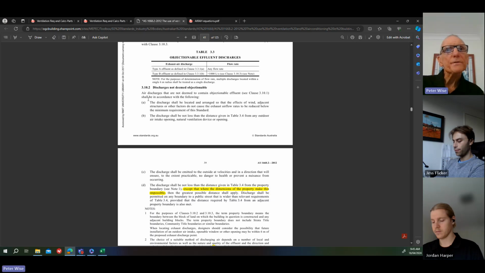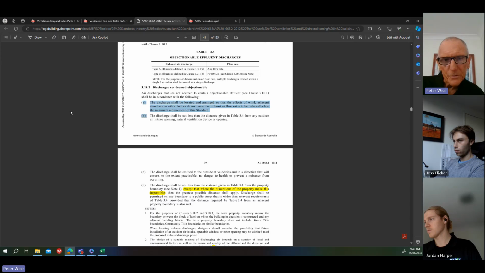Let's keep going with discharges not deemed objectionable. So point A, the discharge shall be located and arranged so that the effects of wind, adjacent structures or other factors don't cause the exhaust airflow rates to be reduced. This is, without the use of CFD or something, a little bit hard to really know what's going to happen. But if you know that say in Melbourne, let's say the predominant winds are from the south.